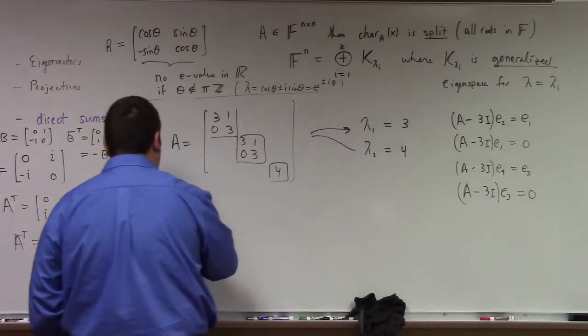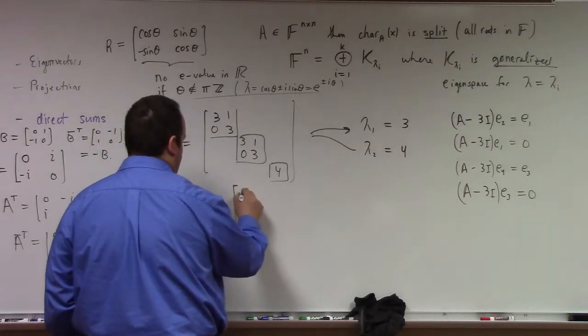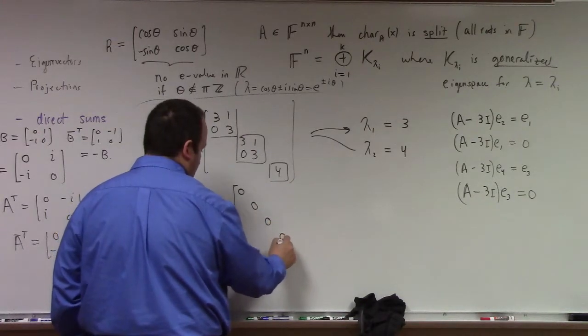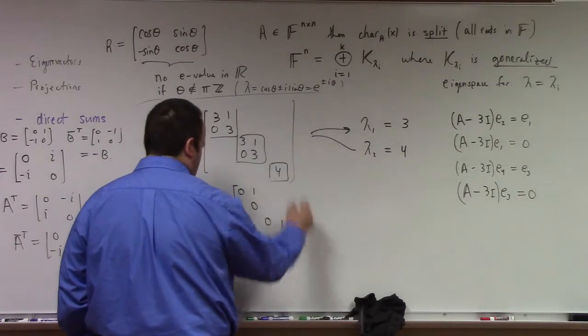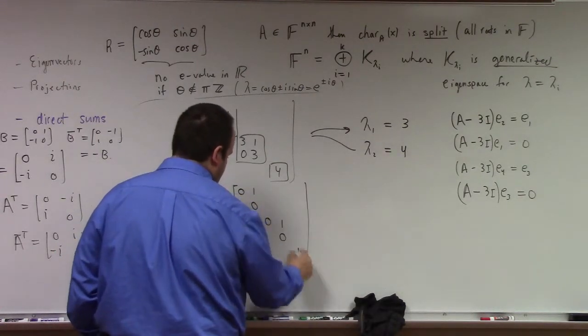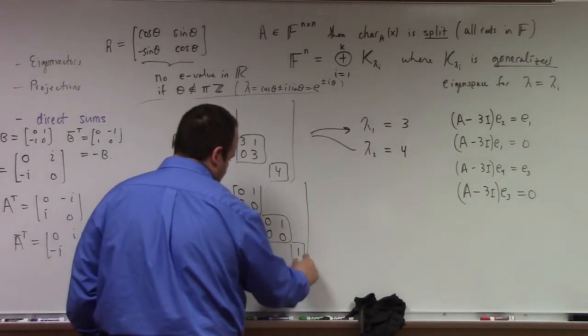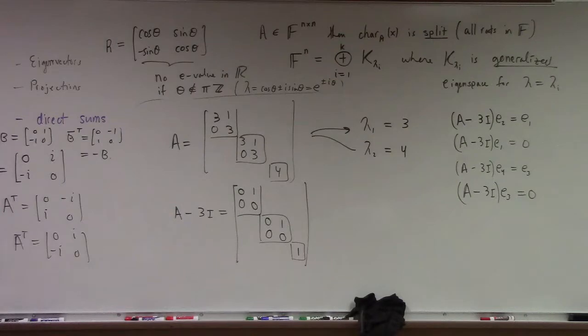What's a minus 3i? Explicitly, it's this matrix. 0, 0, 0, 0, two 1s on the superdiagonal, and 1. So it's this matrix, right? And if you look at that matrix, the equations I just wrote down are pretty obvious, right?